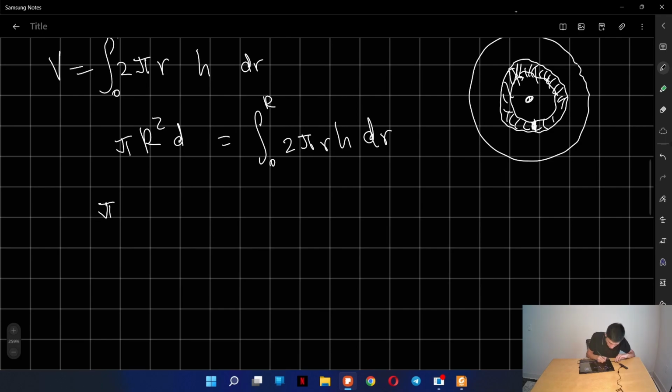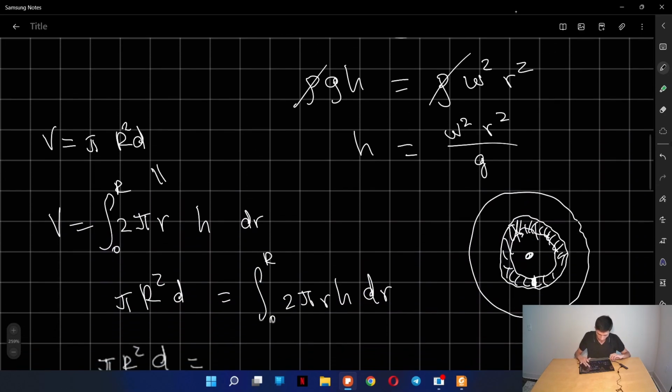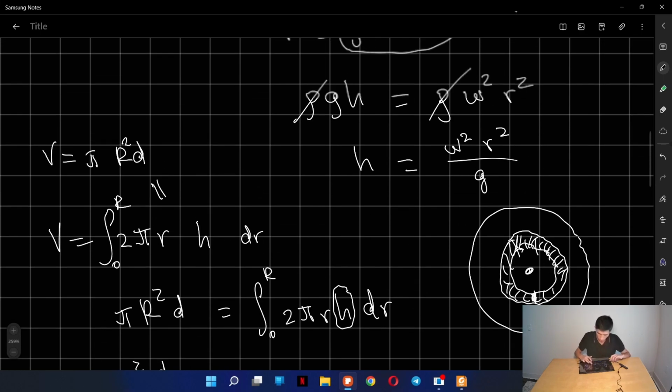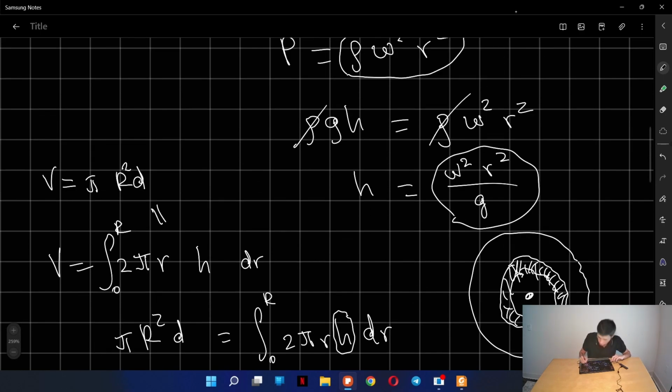I'm going to leave the left hand side as it is, and for the right hand side, I'm going to replace this h by the equation we already determined.